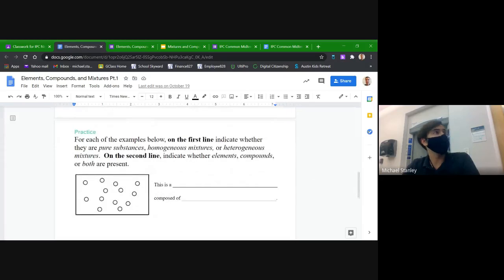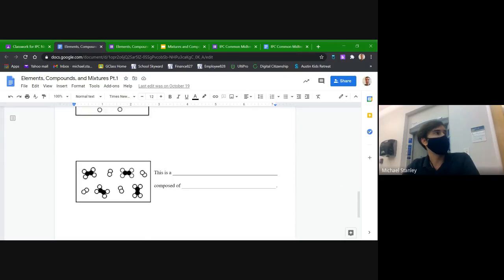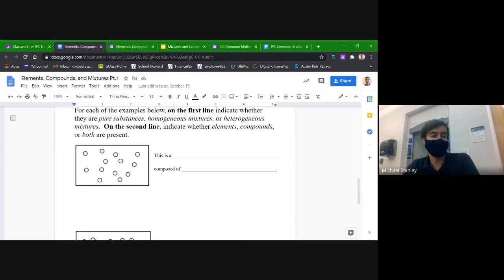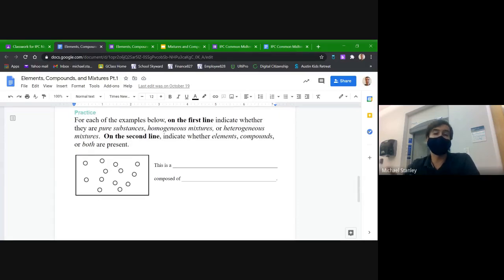So again, we have the same 2 substances that we're dealing with for the homework, except instead of clicking on a choice, you just have to fill in on the first line. You'll write down whether it is a pure substance, a homogeneous mixture, or a heterogeneous mixture. And then on the second line, you'll write in if there are elements present, or only compounds present, or if both of them are present.